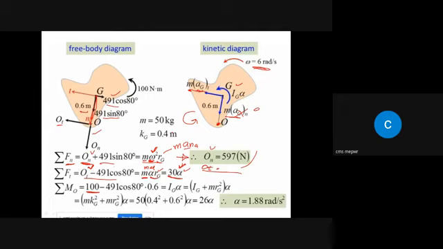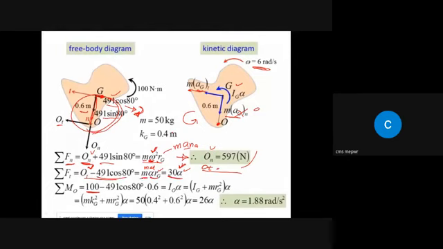Okay, and this one should be 491 cos 80 degree. If you look at the direction of this force, it is opposite to t. So this is causing moment in clockwise direction, so this should be minus. So 491 cos of 80 degree, right?